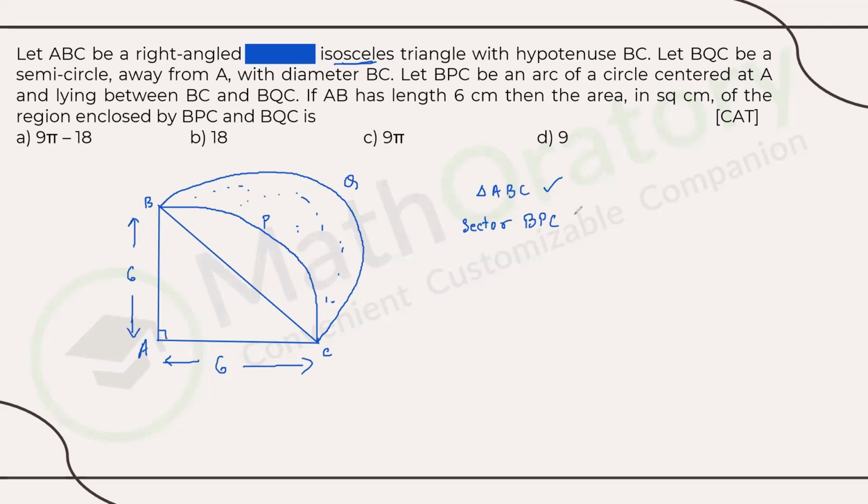So the sector BPC we can easily determine the area of, as well as the semicircle BQC, right? So once you have figured this out, you can do this mentally or written. If you have a habit of solving these kinds of questions in this manner, then you can do whatever I'm doing now mentally. But for now, let me just write a few things. It will be easier for you to visualize.